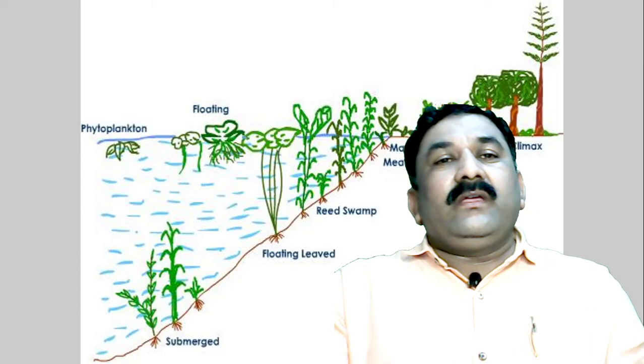As these plants and animals die, their debris will deposit, and eventually fertile soil will establish, and this soil will allow plants to grow on that surface. Once the grasses develop, they will be replaced by herbs, then shrubs, then trees. This is the way in which the complete development of the ecosystem happens.